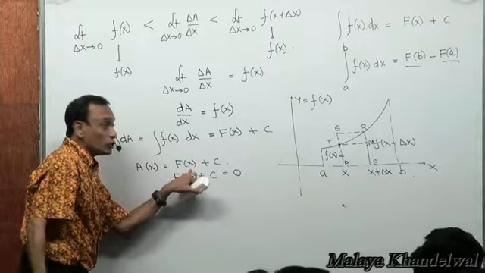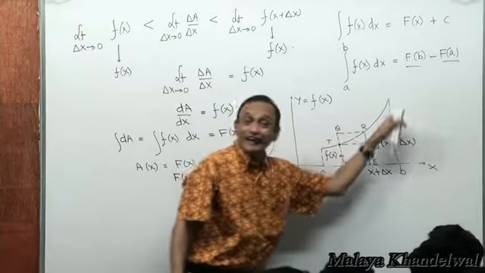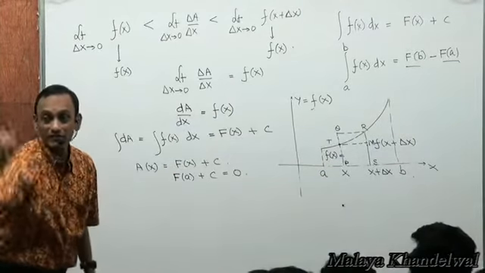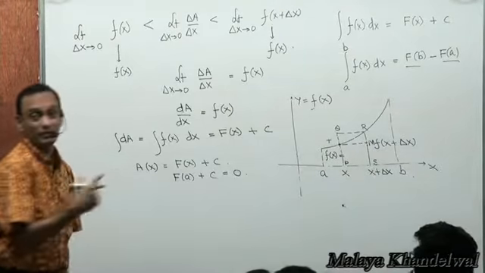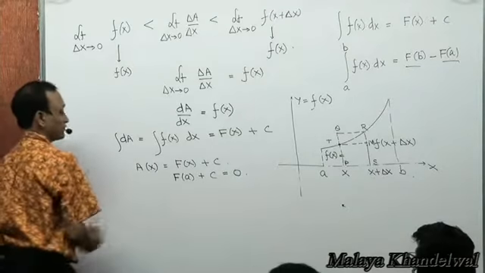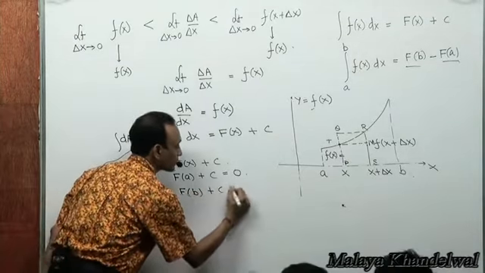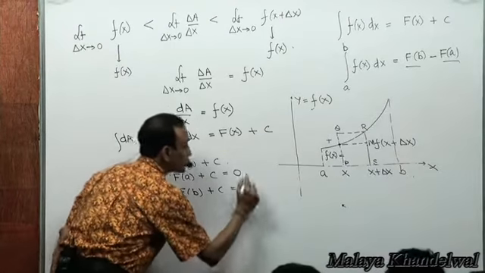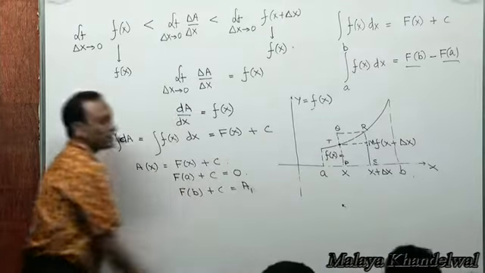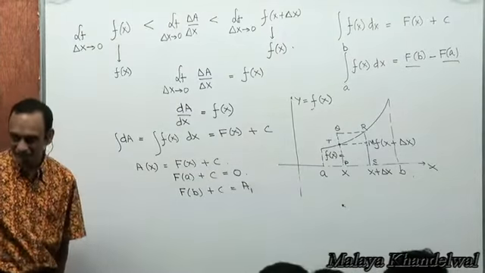If I plug in x equal to b, then it will give me the total area under the curve. So F(b) plus C must be the total area, let's say A1, under the curve.